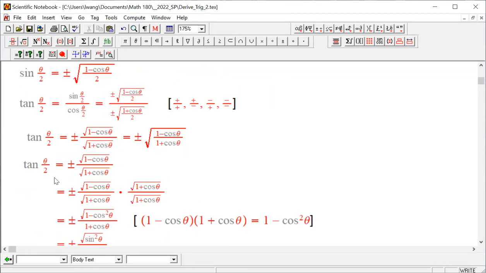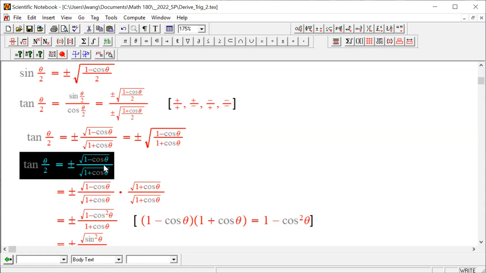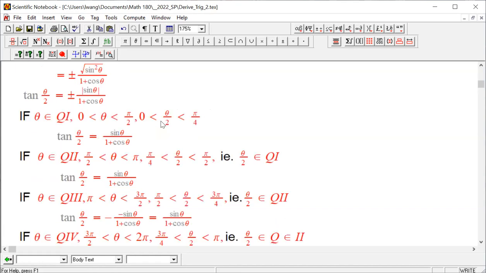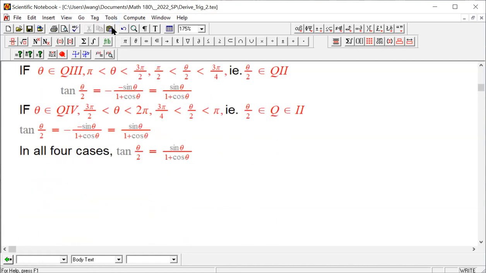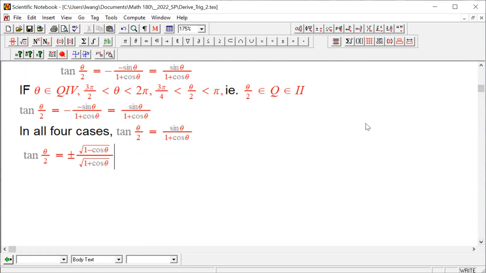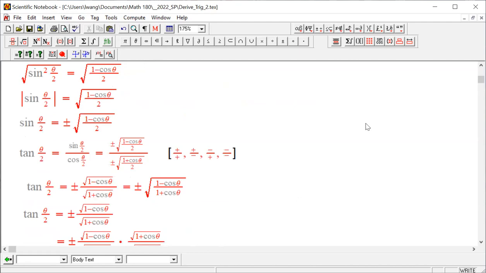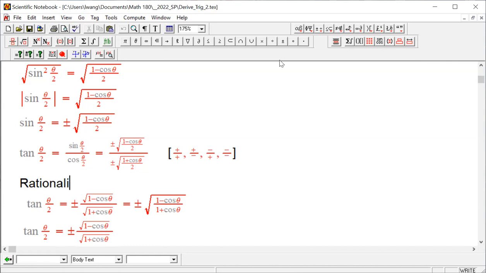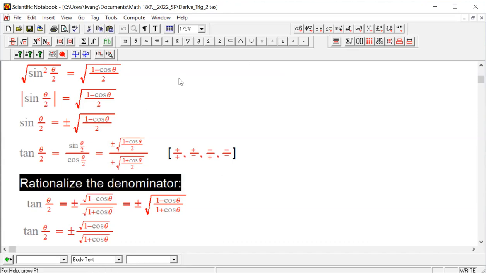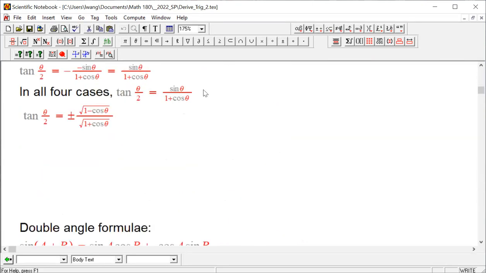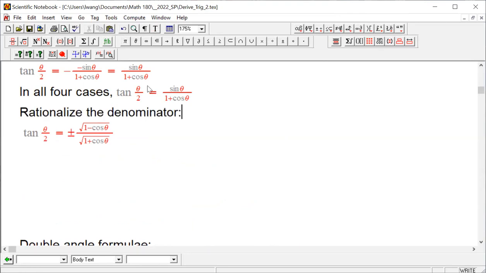So let's go back. We just rationalized the denominator. What if we rationalize the numerator? So we start from the same place. Last time we rationalized the denominator, and this time we're going to rationalize the numerator to see what we get.